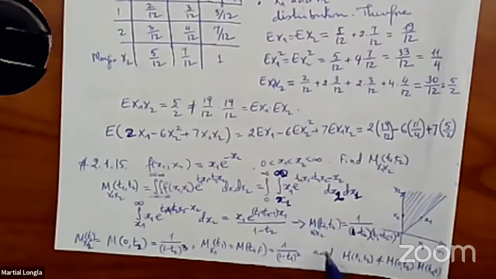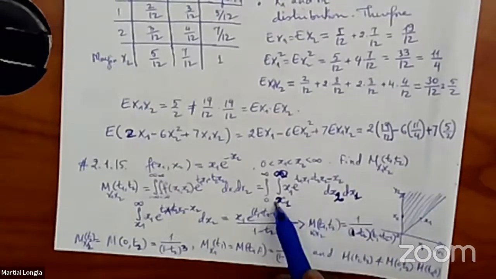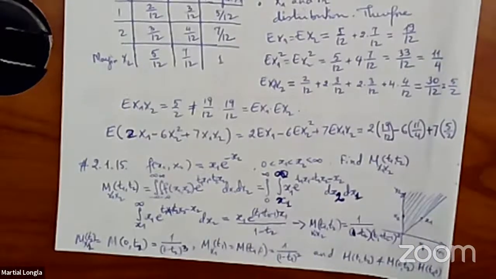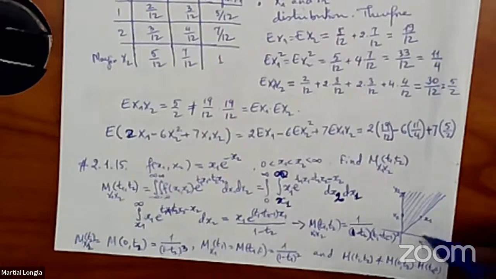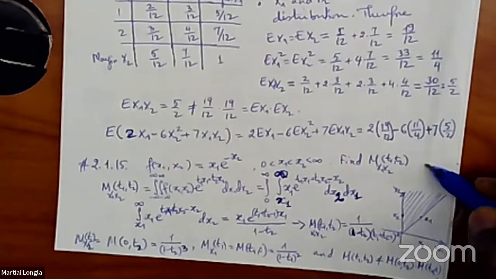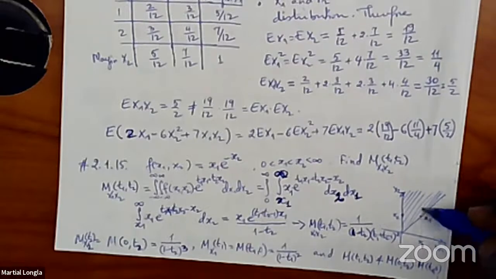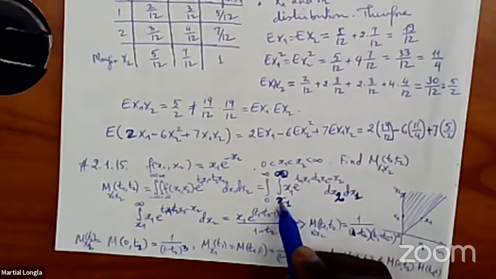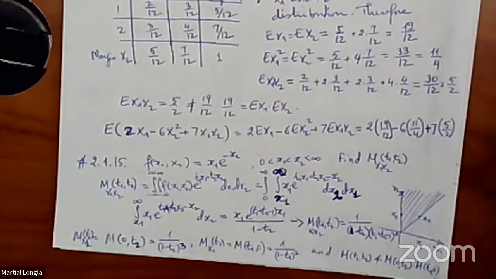How do I do that? Now I choose to integrate with respect to x2 first, and then with respect to x1. How do I integrate with respect to x2 first? I fix x1 and I draw a line through that region. That's how I explained to you. It starts at x1, so you will integrate from x1 to infinity because it ends at infinity up there.